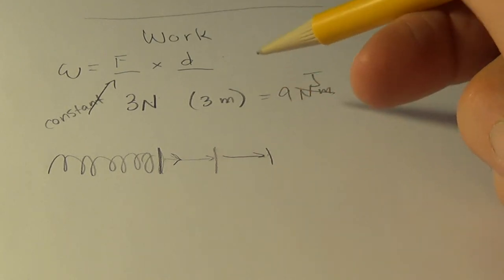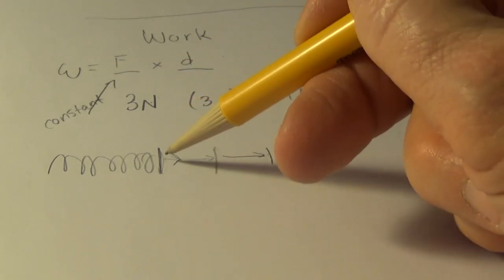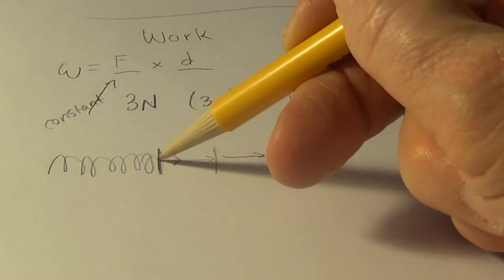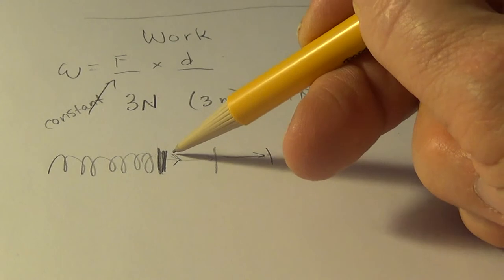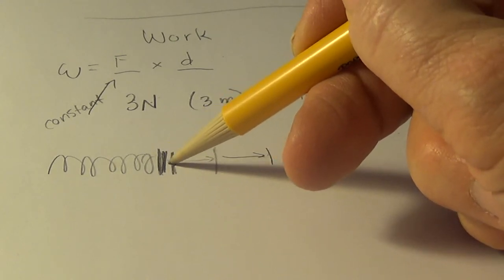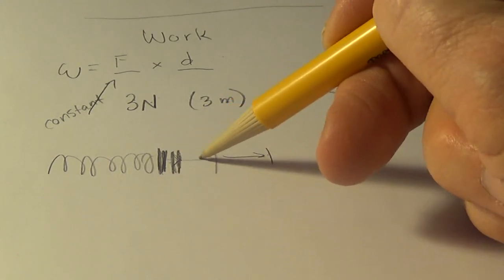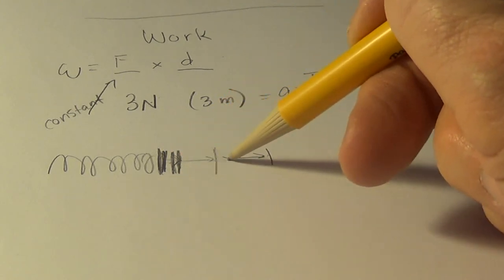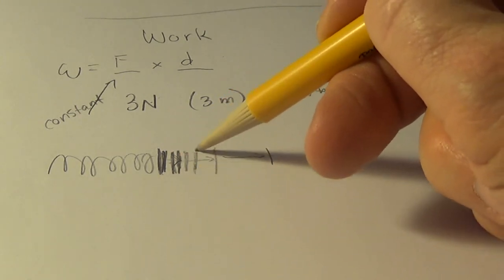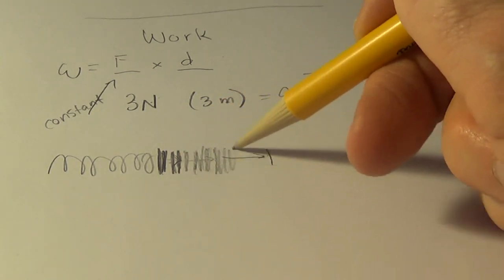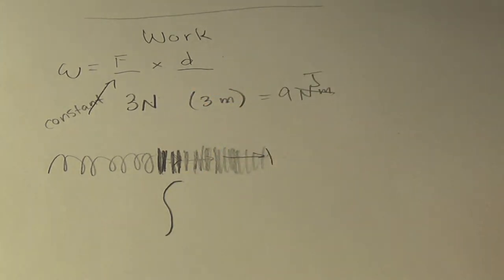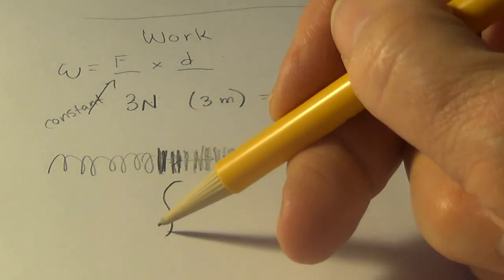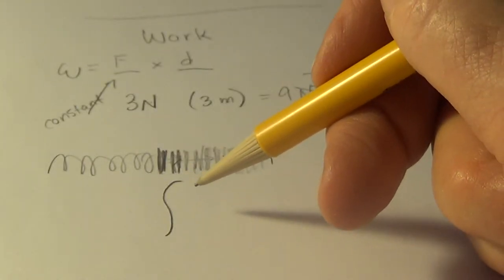So what we do is we calculate the force to move the spring from here to here, a very small amount. And then we calculate the force from here to here, and then from here to here, and we have how many divisions? Let's say an infinite number. So that leads us to our integral. Our integral is what sums up an infinite number of things.